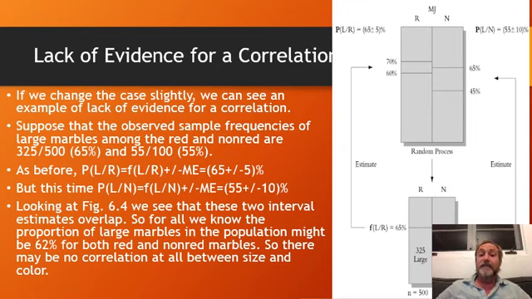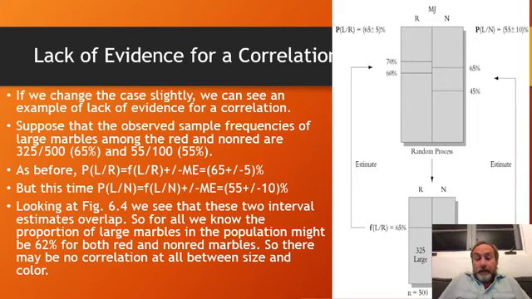And let's say that 55 out of 100, or 55% of the non-reds were large. Okay, so the samples are the same, right, 500 and 100. So the margins of error are the same as before, right? For the reds, the margin of error is 5%. For the non-reds, the margin of error is 10%.